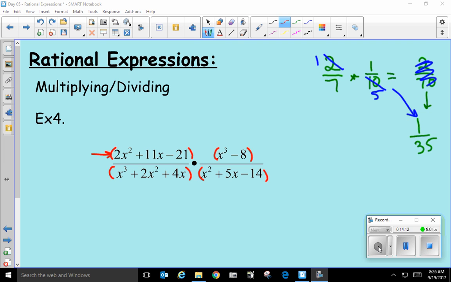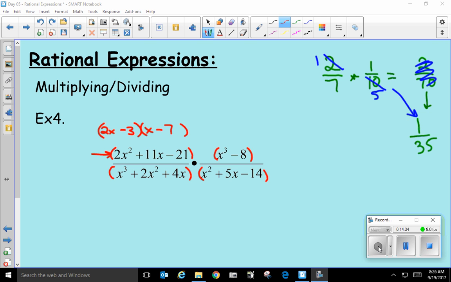So I know that when I multiply to get 2x squared, it's got to be 2x times x. And I'm going to give this one to you. Minus 7 minus 3.